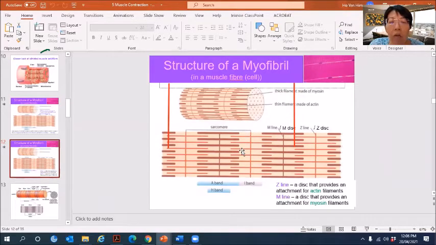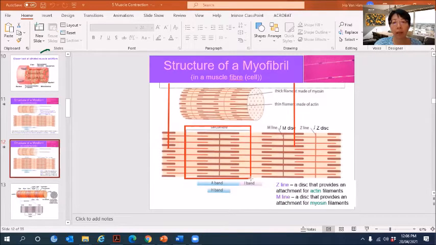You can see how they are arranged, and one unit of contraction is called the sarcomere. So this is the sarcomere here, one unit of contraction. Inside the sarcomere, right in the center, is the thick filament, which we call myosin. Then at the sides are the thin filaments, which we call actin.